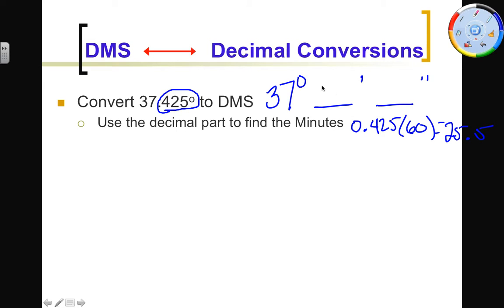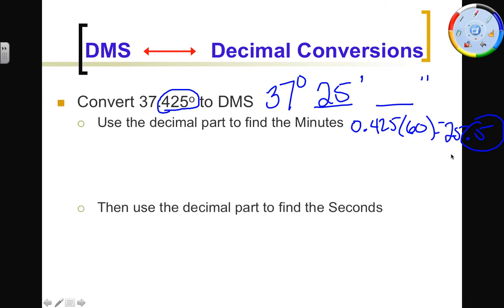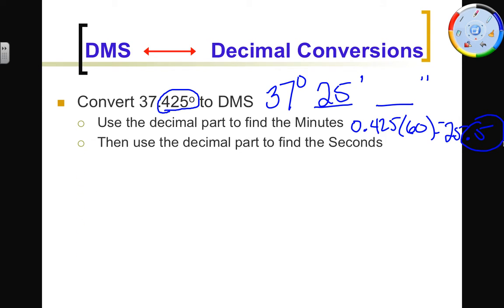Which means I have 25.5 minutes, which means this 0.5 is now part of a second. So we're going to use the next decimal part to find the seconds. And most of you could probably do this in your head. If I did 0.5 times 60, the seconds in a minute, I get 30.